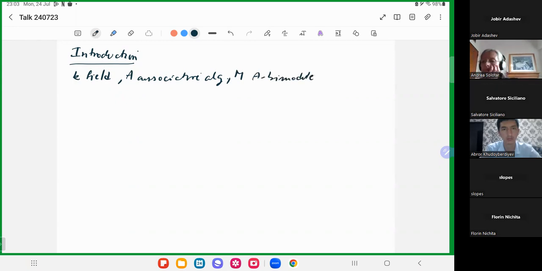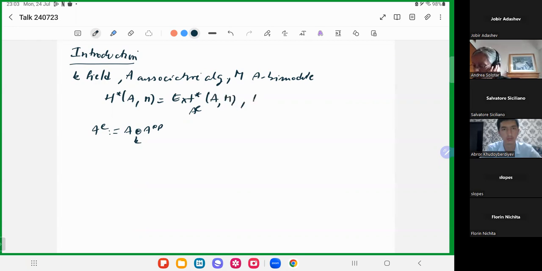Then we have the Hochschild homology and the Hochschild cohomology of A with coefficients in M. As you know, the cohomology is defined as the derived functor of Hom over A^e, the enveloping algebra of A, that is by definition A tensor A opposite over K, with coefficients in M. Similarly, the Hochschild homology is the Tor functor over the same enveloping algebra with coefficients in M. So they are both derived functors.